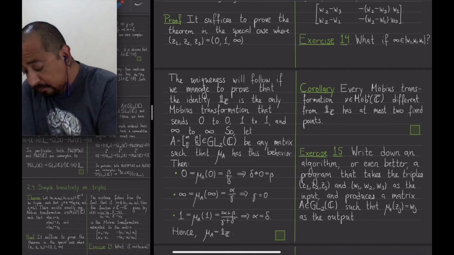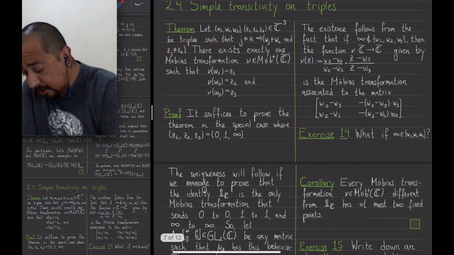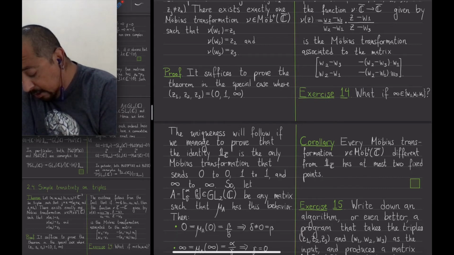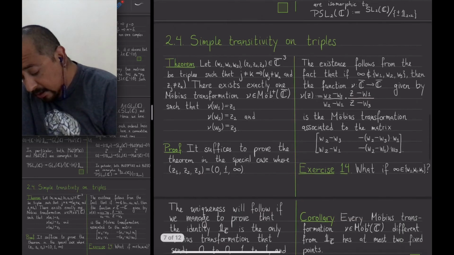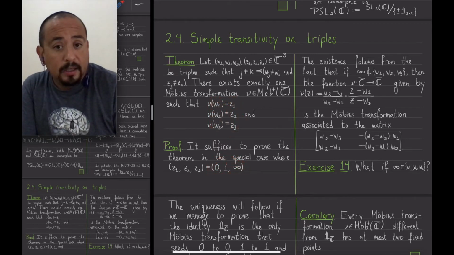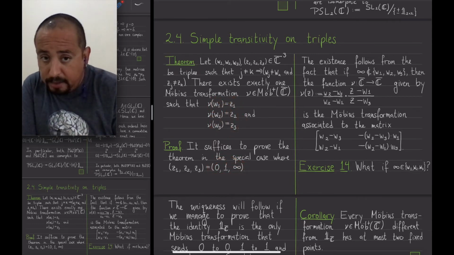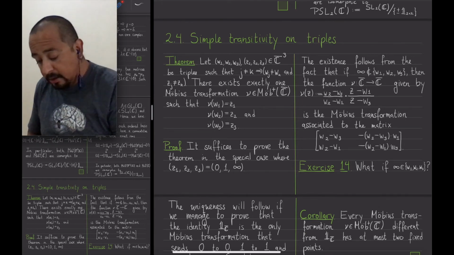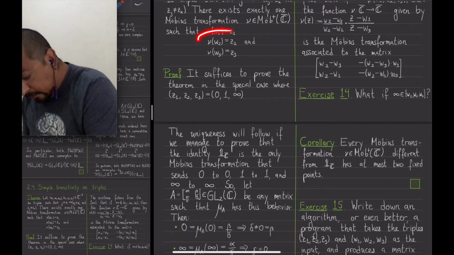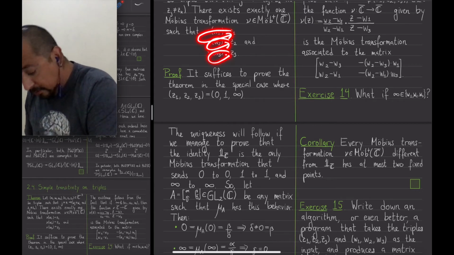It's clear that if we show that the identity is the only Möbius transformation that fixes 0, 1, and infinity, then this nu that we computed is the only one that sends W1, W2, and W3 to these values. Why? Because if we take two of them and compose one with the inverse of the other, that composition fixes 0, fixes 1, and fixes infinity, so it's the identity.